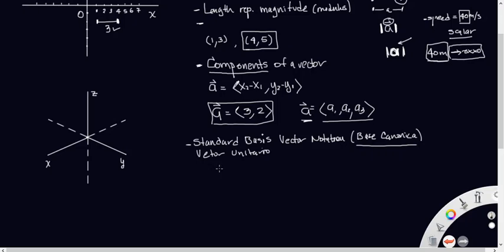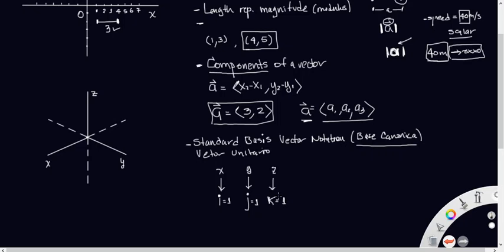So to explain this, let's say that x is equal to I, y is the same as j, and z is the same as k. But I equals 1, j equals 1, and k equals 1.